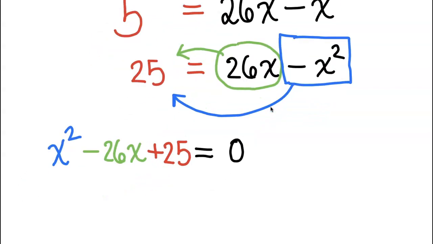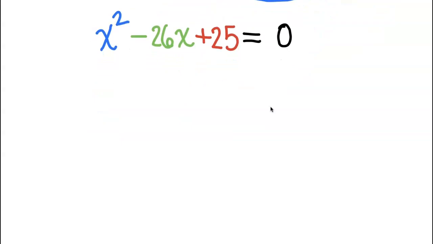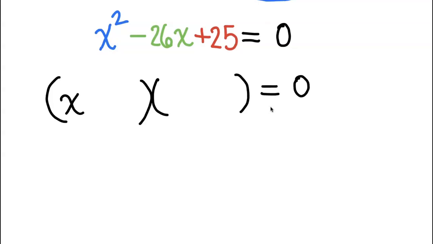Now we're solving this quadratic equation, and let's try to do this by factoring. So let's think of two numbers that multiply to be 25. What times what is 25? Well, I thought about 5 times 5, but notice that we want them to add up to 26, right? So I think we must be looking at 25 times 1, because 25 times 1 is 25, and if you add them, you get 26.